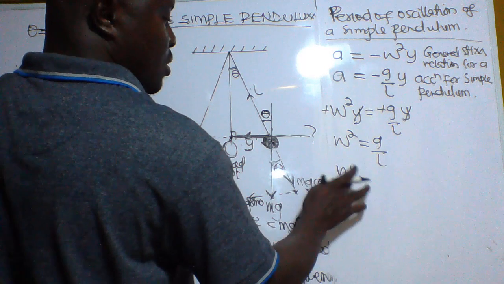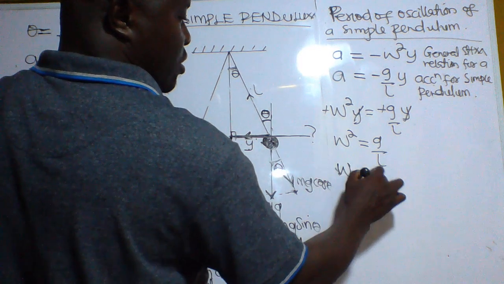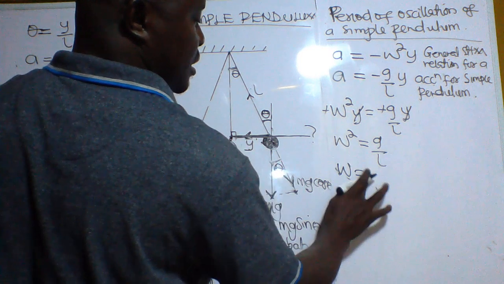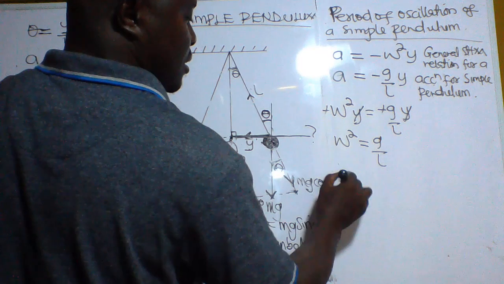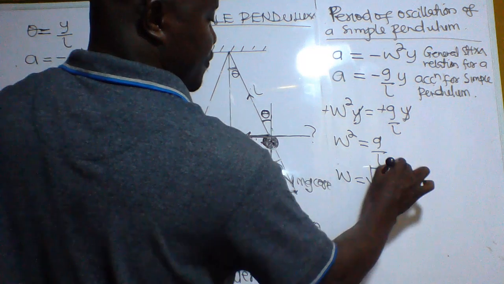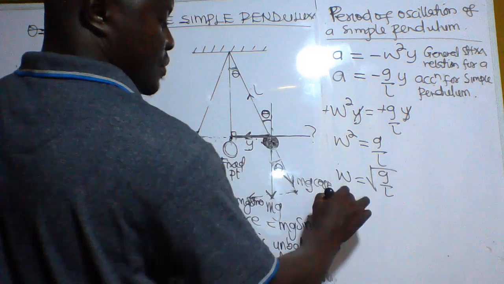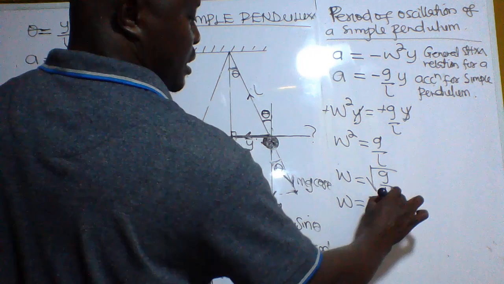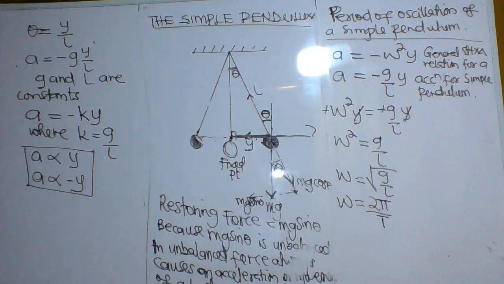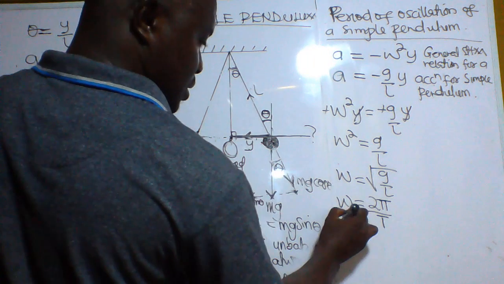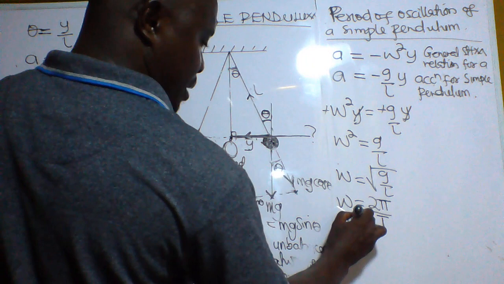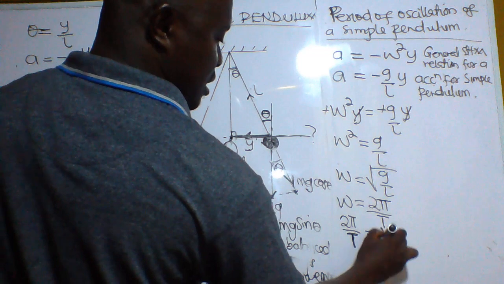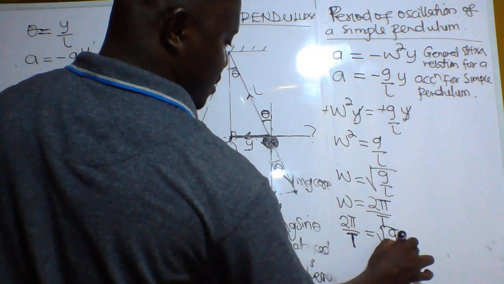Omega obviously will be equal to the square root of g on L. Now, because omega is equal to 2 pi divided by the period, we can substitute 2 pi on T for omega, and we have this g on L.